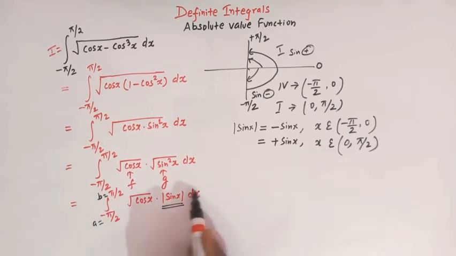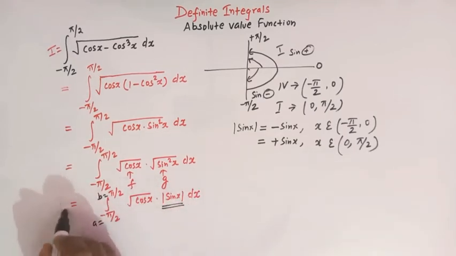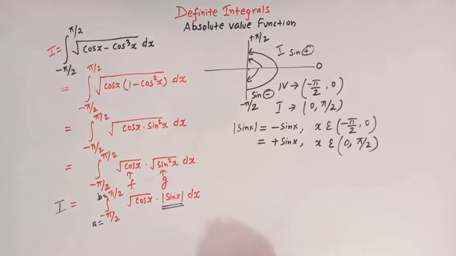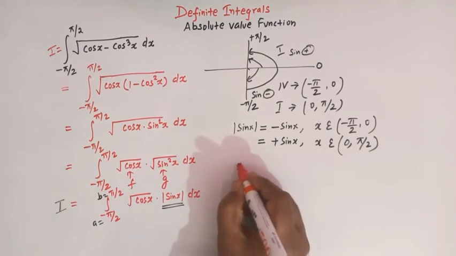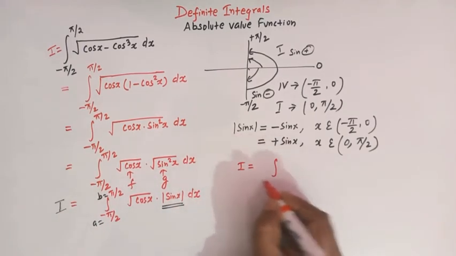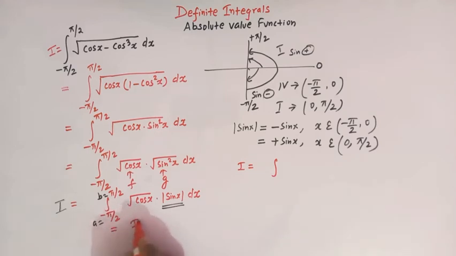So now we can split this integral I as a sum of two integrals, that is I1 and I2. So now we can write I as I1 plus I2, right?